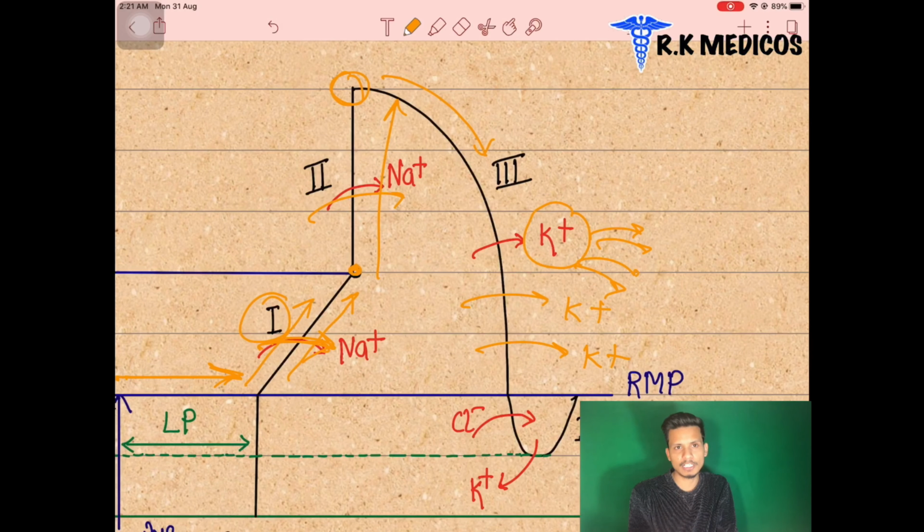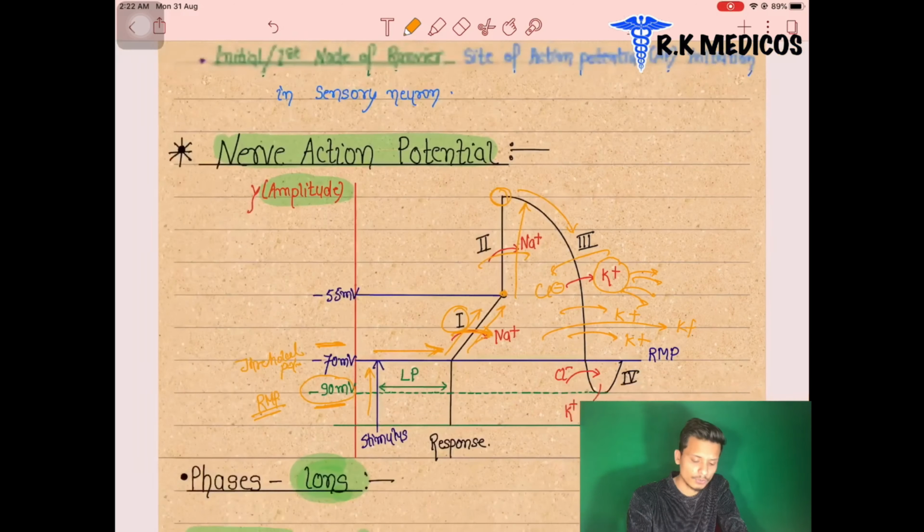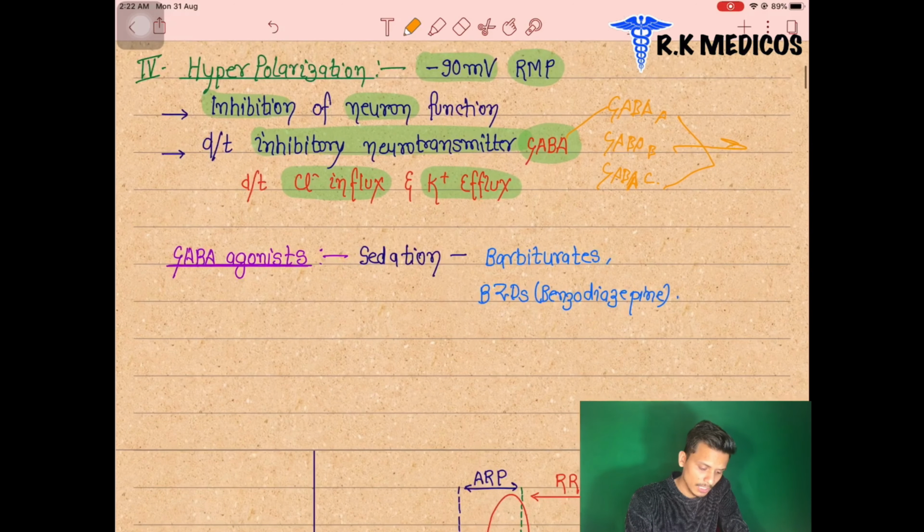If these positive charges move out beyond minus 70 millivolt, the cell attains minus 80, minus 90 millivolt. It means more negative charges inside the cell, which leads to hyperpolarization. So what elements cause hyperpolarization of the cell? Basically, influx of chloride, which means more negative, and efflux of potassium. These are the two elements responsible for hyperpolarization.